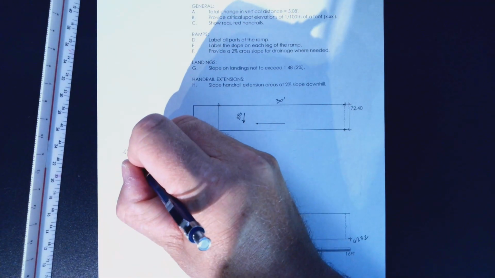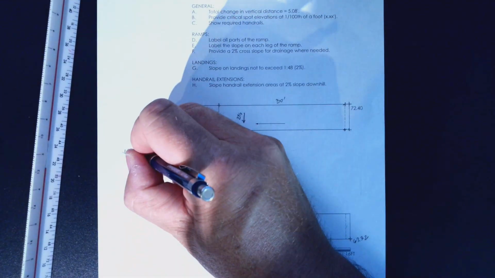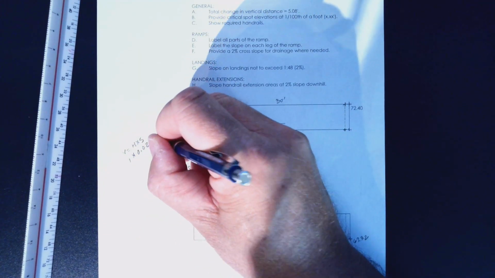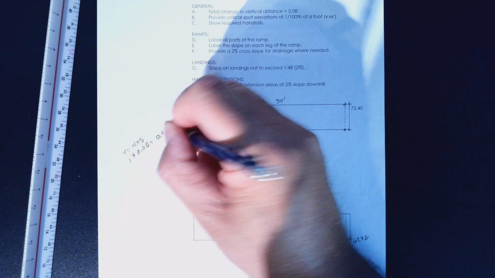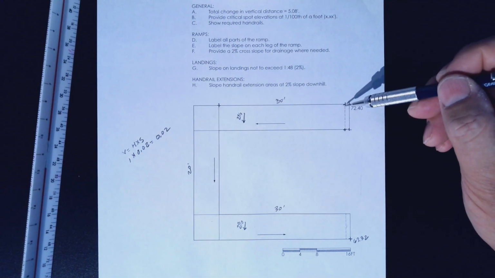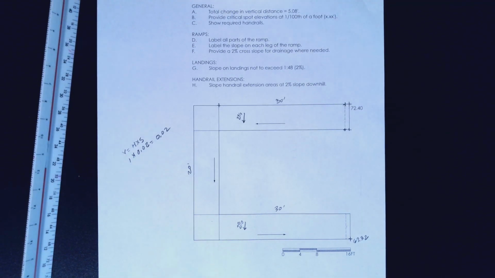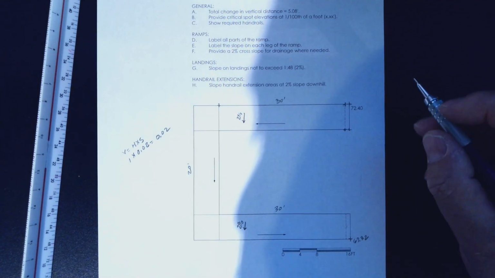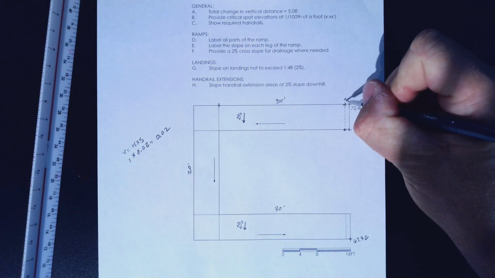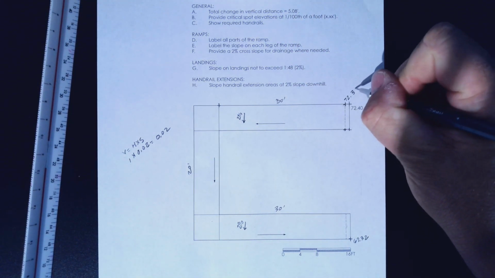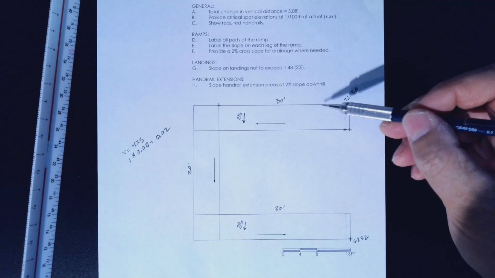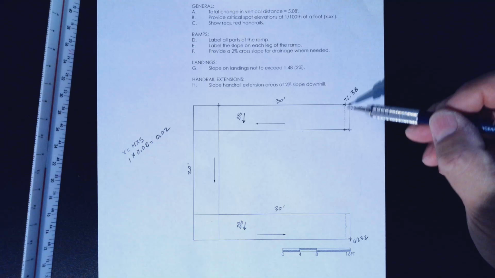Horizontal is 1 times 0.02, which is 2%, so that equals 0.02. So you have to subtract 0.02 from this elevation to get this spot elevation here, which gives you 72.38.